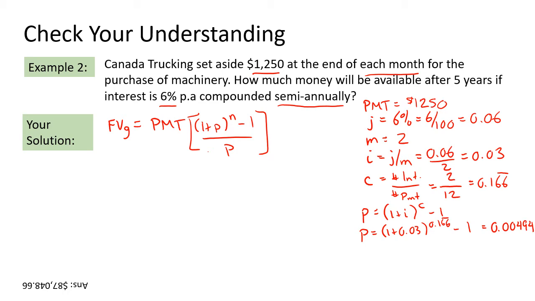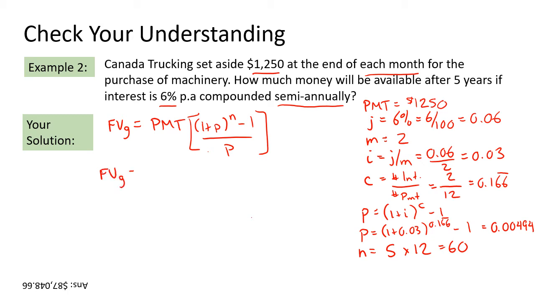So the last item you need is your total number of payment periods, n. That's equal to your number of years, 5, times the number of payment periods a year. And this is the end of each month, which means you have 12 payments a year. So in total, you're going to have 60 payments. Knowing all these values, we can now substitute them in.